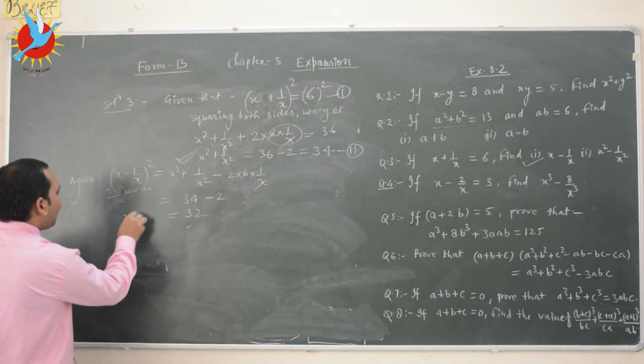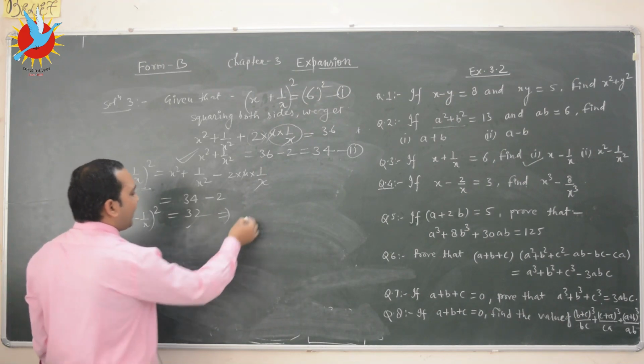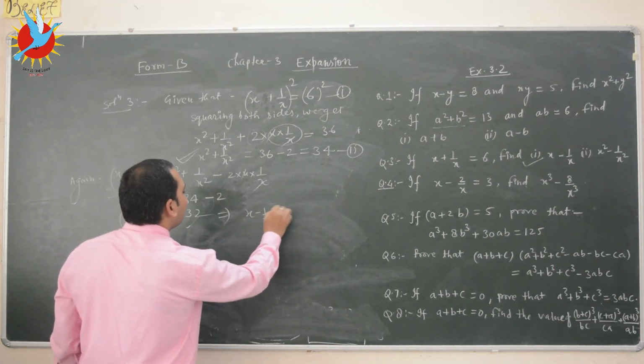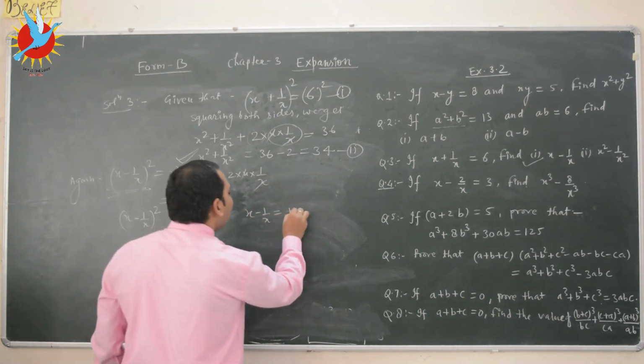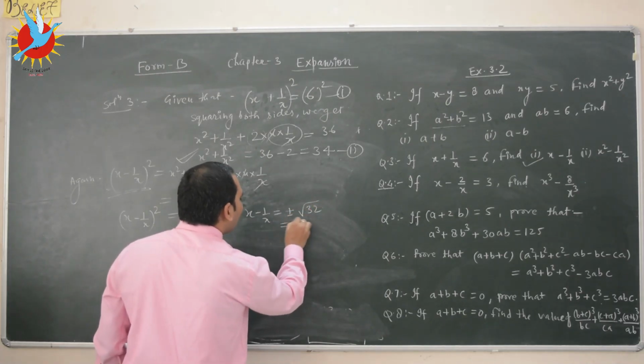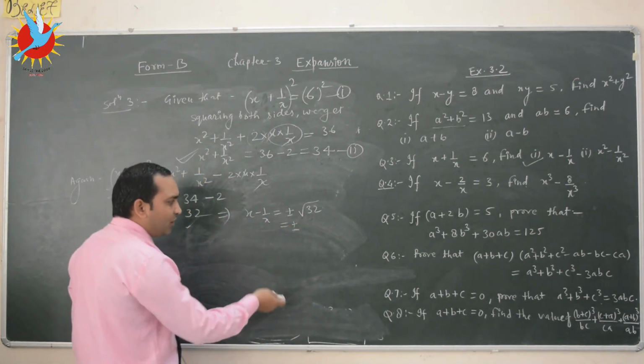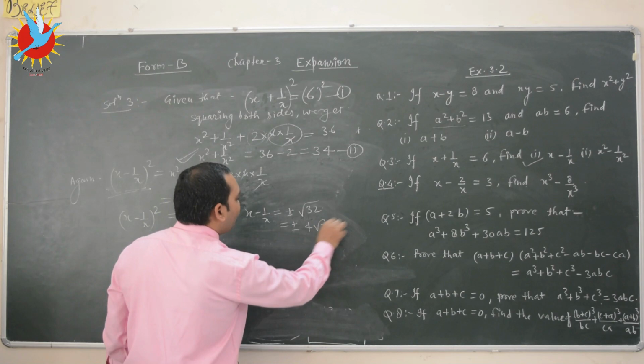So the value of (x minus 1 upon x) whole square is 32. Then we can write x minus 1 upon x is plus minus square root of 32, which is equal to plus minus 4 root 2.